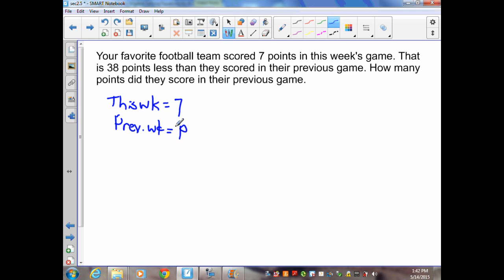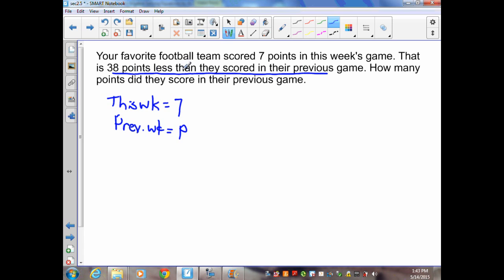I know that this week they scored 7. And the previous week they scored, now it does give us some information. The previous week, the score was 38 points less than they scored previously. So if I use this statement, the previous game is represented by P. And I know that 38 points less than they scored in their previous week, P. So if I use that, that's going to be less than.